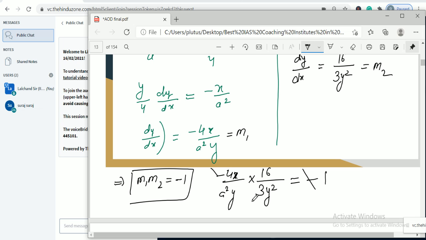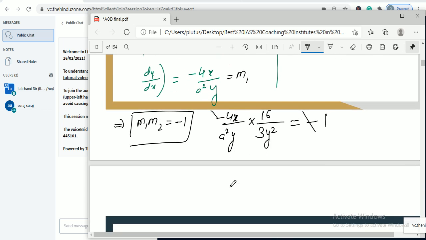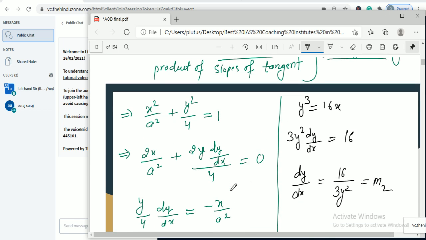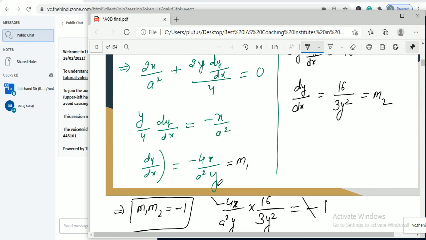Can you simplify this? Okay, so we have finally 64x divided by 3a square y cube. Okay, so can you tell me how to simplify this equation again? How to find out this value?